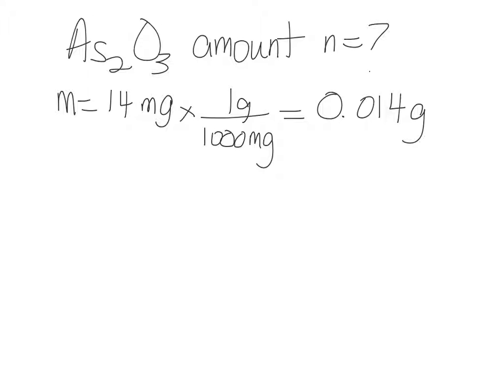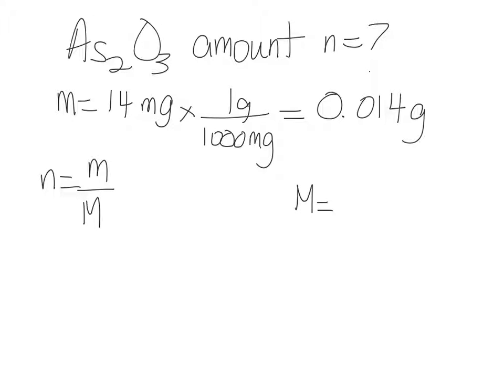use your formula. You've got a magic triangle, or you've got the formula, n is equal to m divided by big M. So if I take my mass, divide by my molar mass, I've got my number of moles. So you've got to figure out what the molar mass of arsenic oxide is. What's the mass of one arsenic?